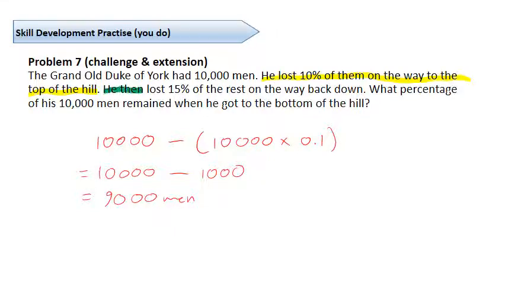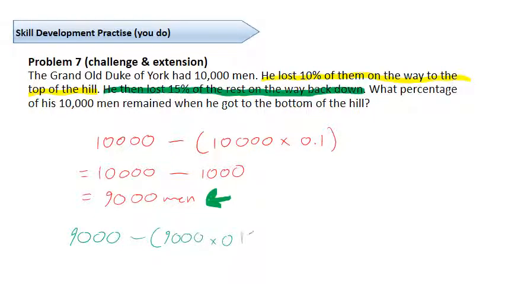He then lost 15% of the rest on the way back down. So of the rest means the 9,000 men that he had remaining after he lost the first 10%. So this time we're starting with 9,000 men, and he lost 15% of those men.